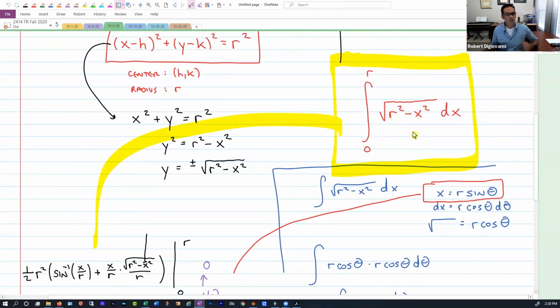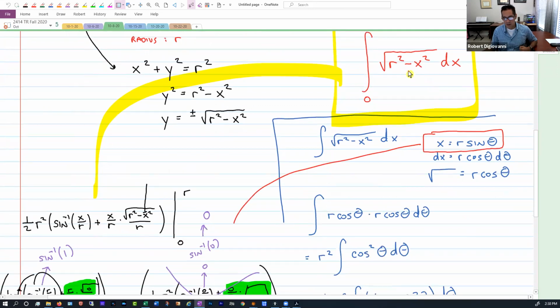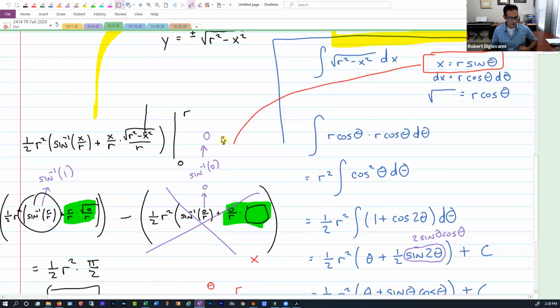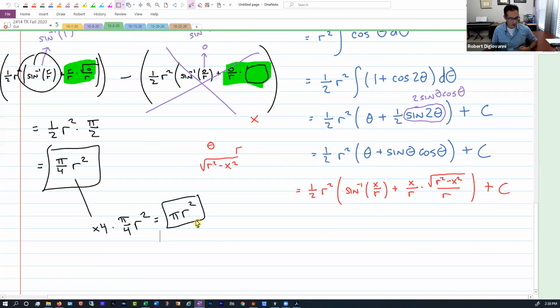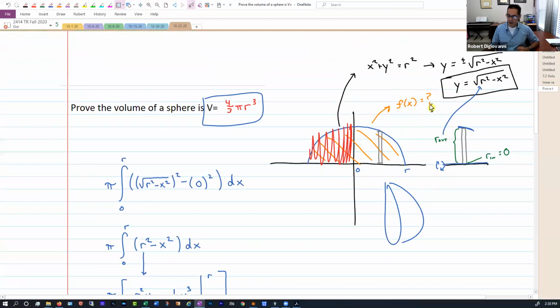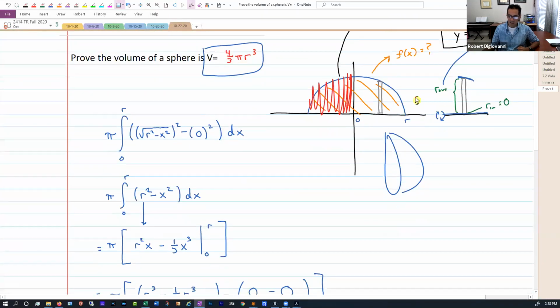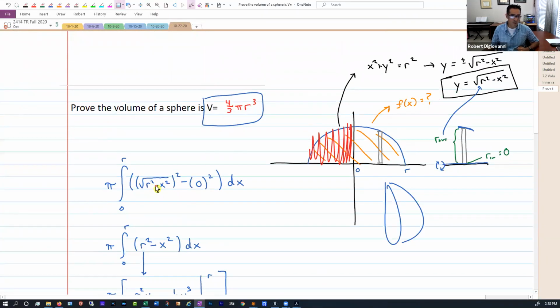And we had to do trig sub on that integral. When we finished all the trig sub, we got pi r squared. Now we did a similar thing, except instead of just having the function, we had outer radius squared minus inner radius squared, and that squaring of the square root made life great because we never needed trig sub.